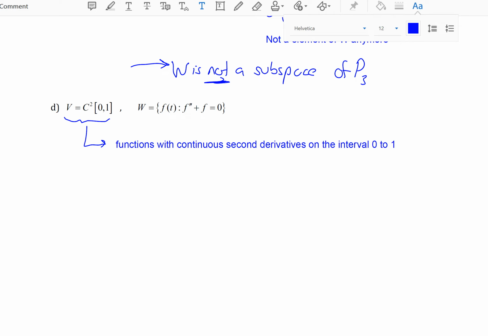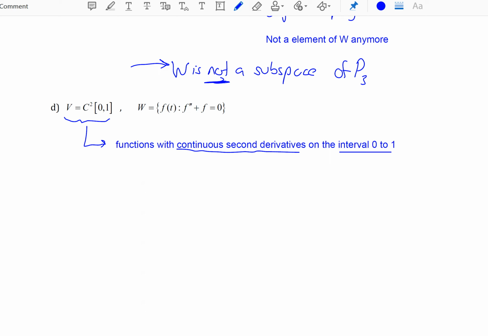So it's saying consider all functions with continuous second derivatives on the interval 0 to 1. And there are so many you can't write them down. There are hundreds and hundreds of continuous functions that have continuous second derivatives.